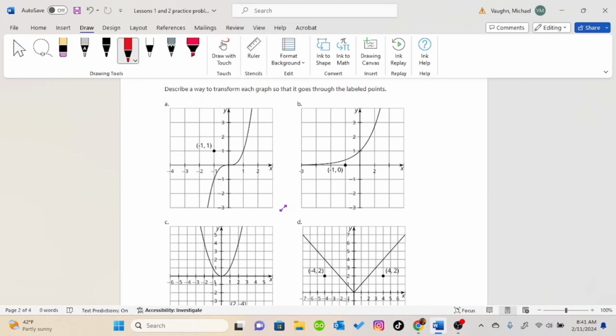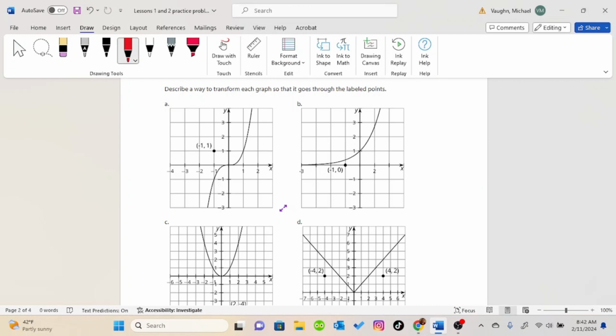I could just simply shift this graph left 2 spots, or I could simply shift this graph up 2 spots, or I could actually reflect this over the x-axis, and then this point, when flipped upside down, would go through the point, or I could reflect across the y-axis, flip this over from left to right.